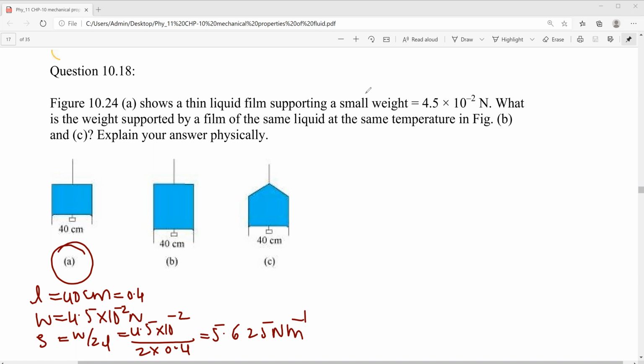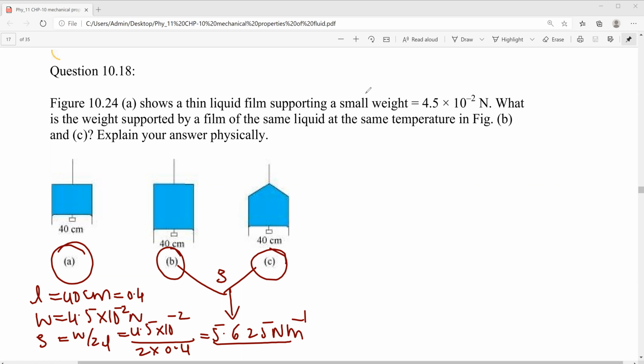If you observe B and C, or if you observe all the figures, the liquid is the same and the temperature is also the same. So surface tension in figures B and C is also the same, that is 5.625 Newton per meter.